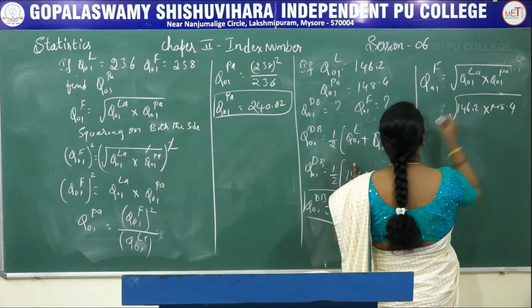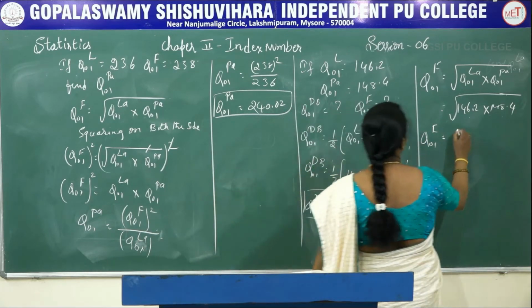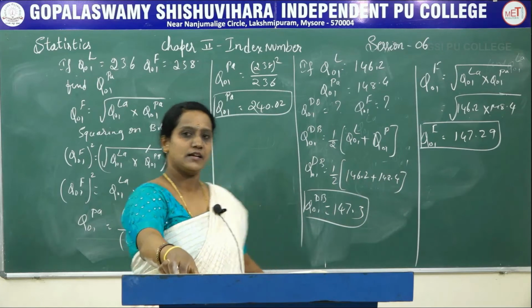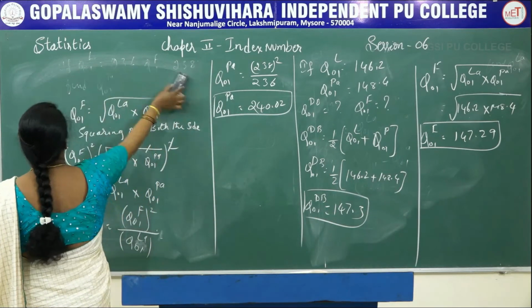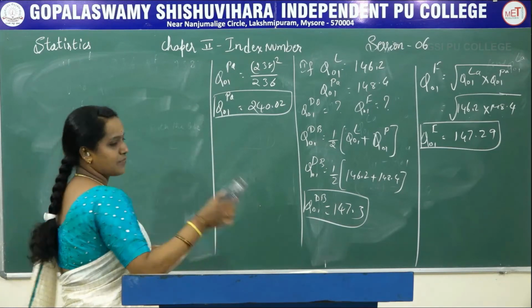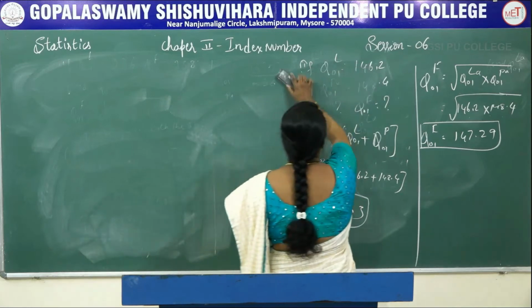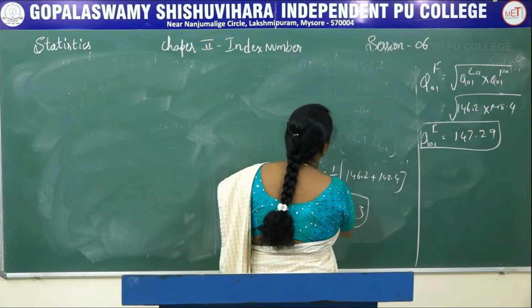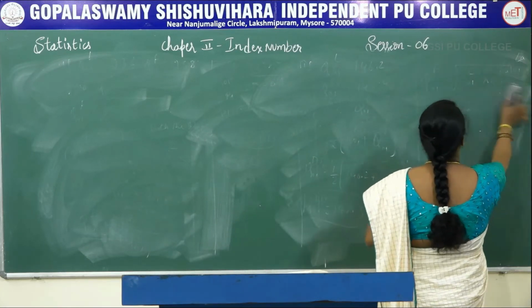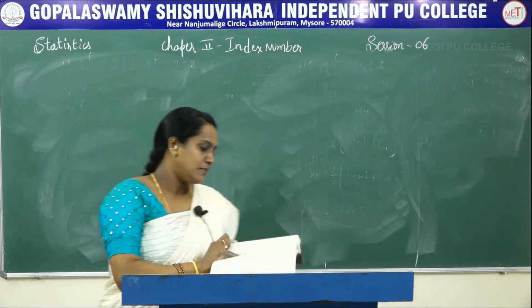First multiply, then you take the square root so that you will get the Fisher's value as 147.29. Next one.